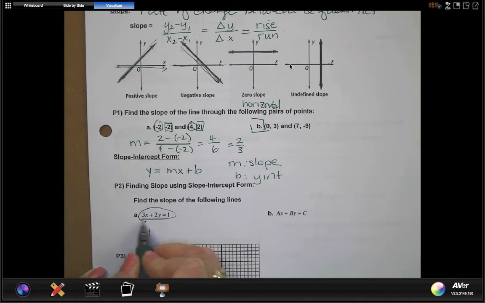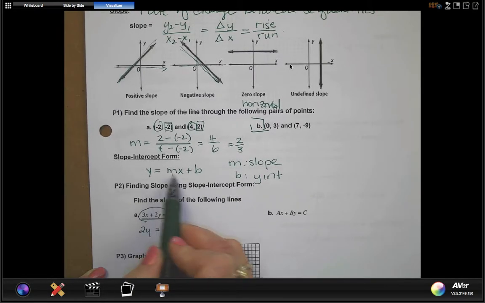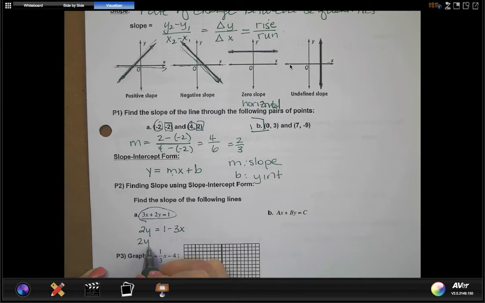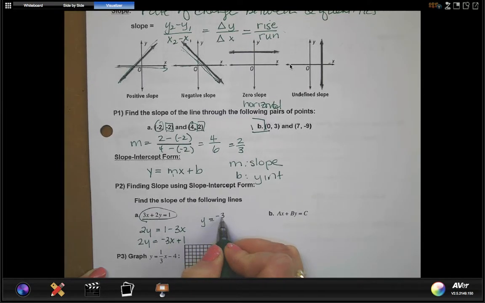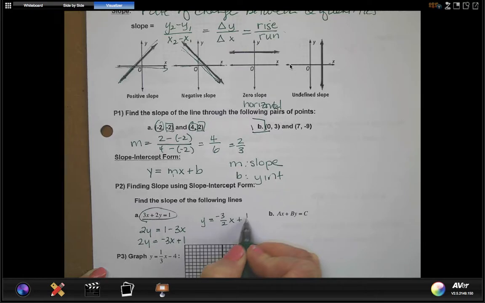So if I want to get y by itself, I subtract 3x from both sides. Now, ideally, I want the x first, so I'm going to say 2y is equal to minus 3x plus 1. I still have to get that y by itself, so I'm going to divide both sides by 2. And then the slope now I can say is negative 3 over 2.